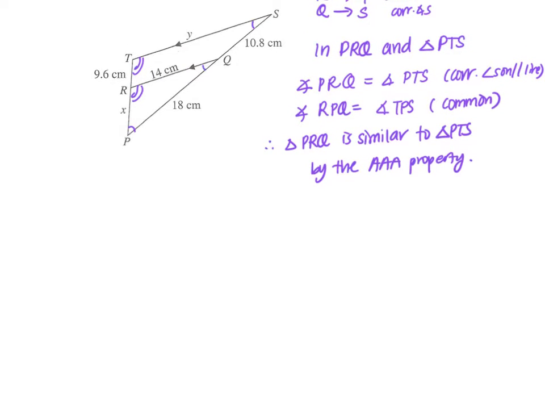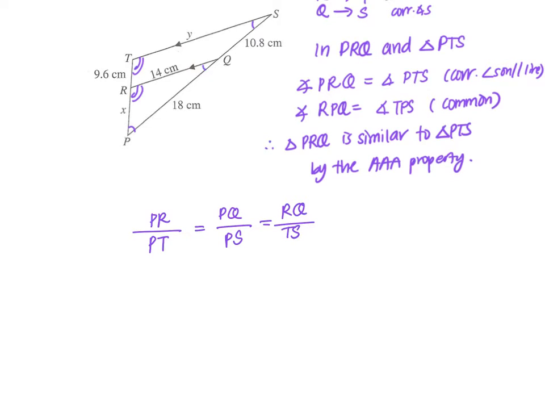Now we're going to find out the different sides, so let's find the labeling and the measurements. Ratio of the three different sides. I will have, in this case, PR over PT, PQ with PS, RQ with TS.